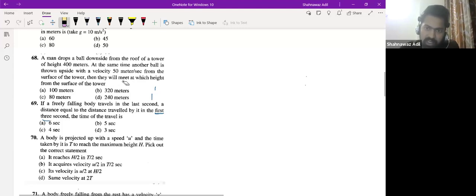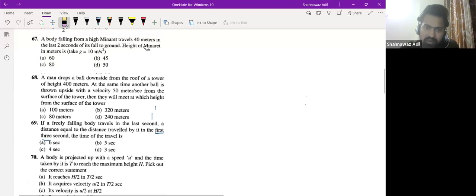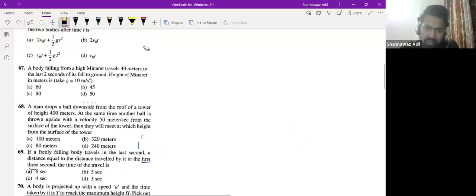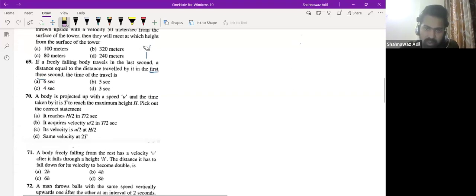Then they will meet at which height from the surface of the tower? So this thing we have to find out. But yeah, let's do a simpler one.